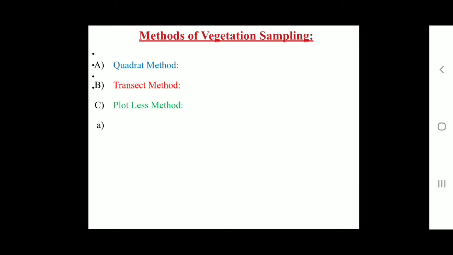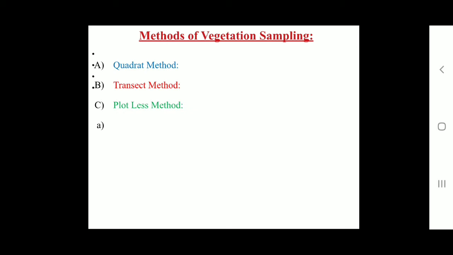Okay, so first we see the first sampling type, that is the quadrat method. This method was developed by the Swiss ecologist Braun Blanquet in 1932. It is also called the relief method, sample method, or stands method.